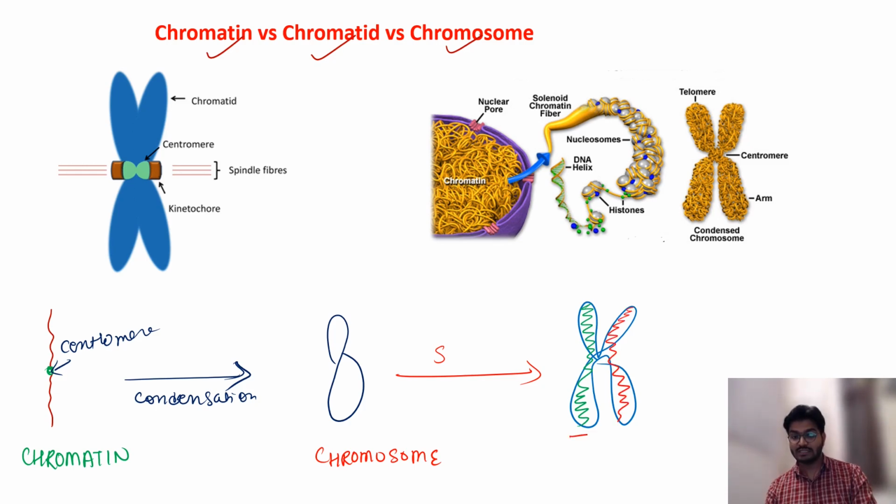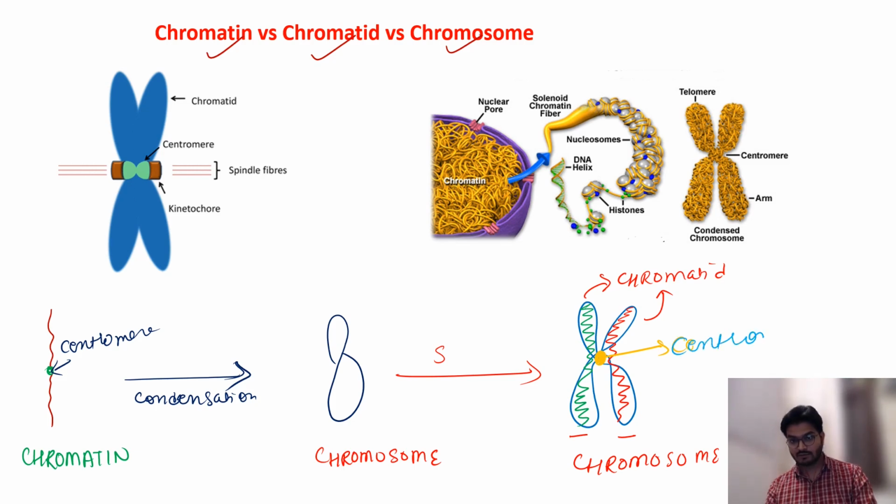The green was the initial one and the red one is the copied one. This is again a chromosome, but in this chromosome, this green part is your chromatid, and the red part is also a chromatid. So in one chromosome two chromatids are there, and at the center you see the centromere.